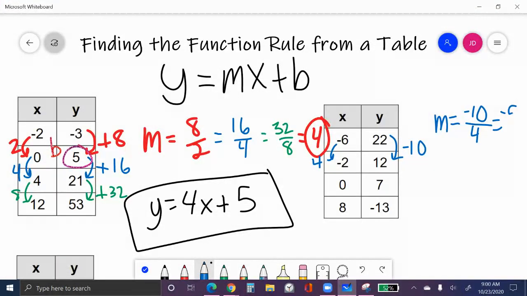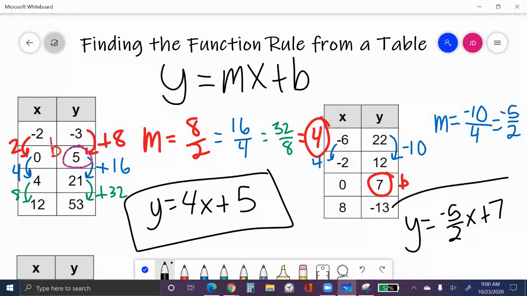So that is my slope. My y-intercept, take a look. Do I see a 0? Yes, I do. It's 7. That's my b value. So my equation is y equals -5/2 x plus 7.